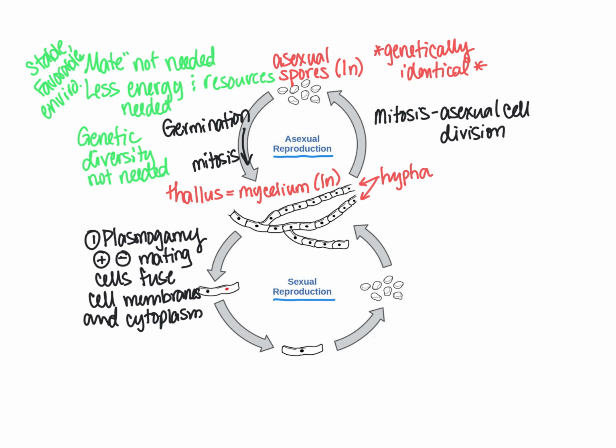And what you end up forming is a dikaryon, which we can also represent as N plus N. And this is also referred to as a heterokaryotic cell. So you can see that we have two nuclei in the cell, and these are two haploid nuclei.